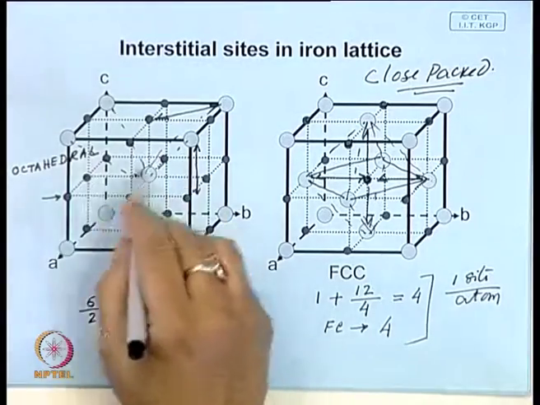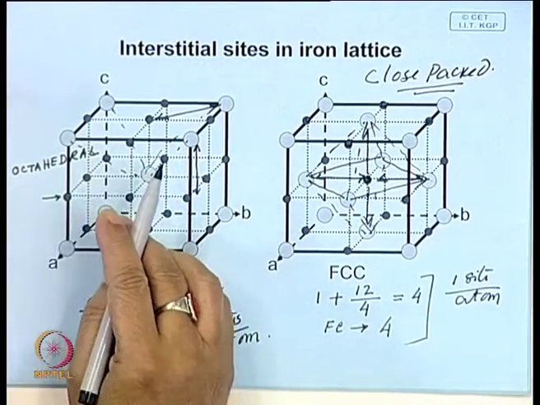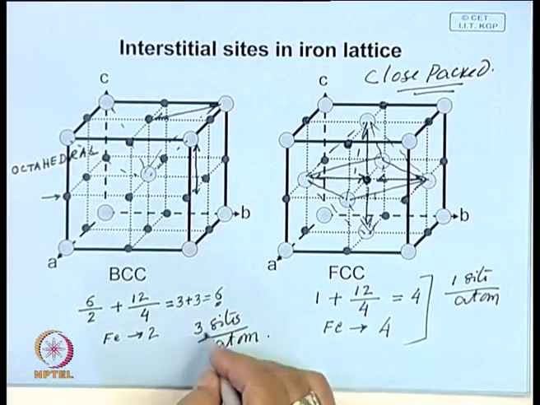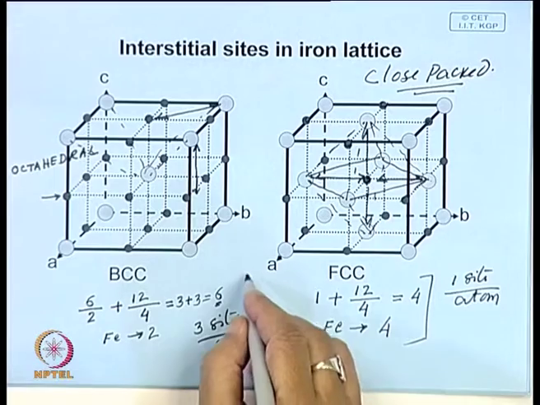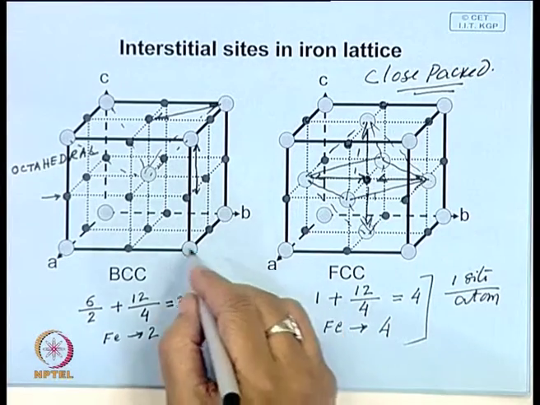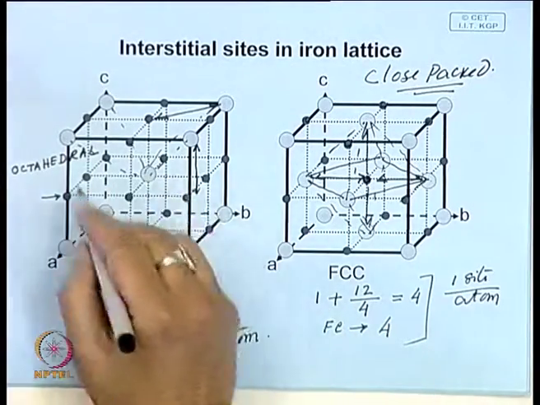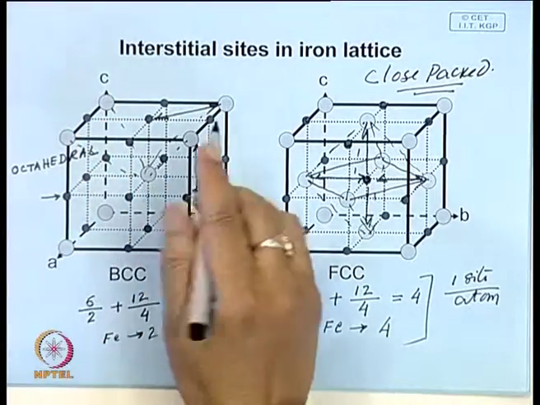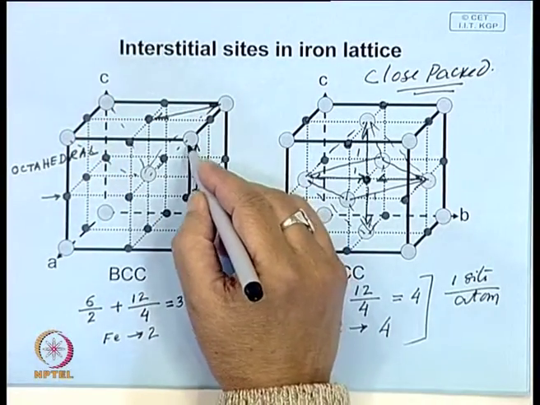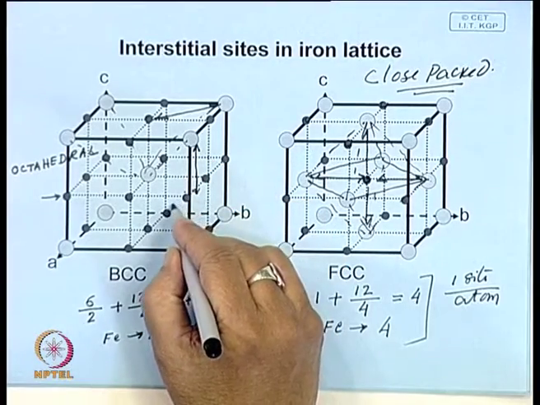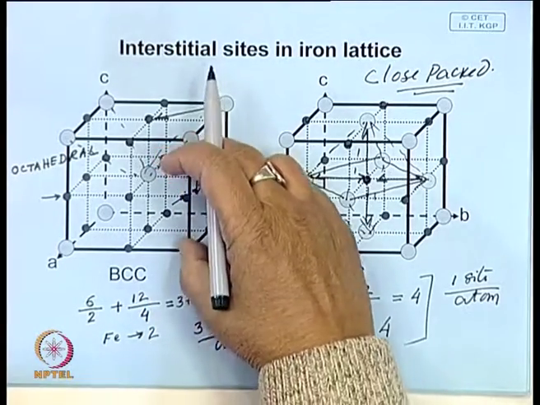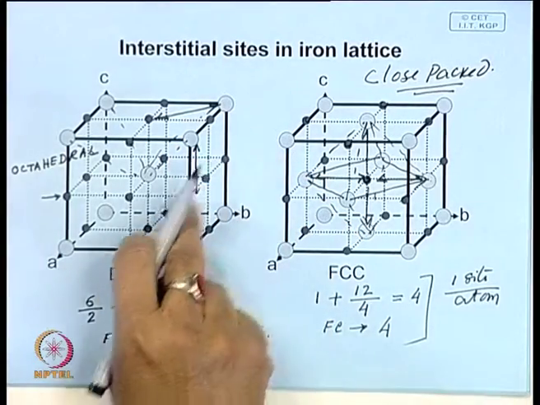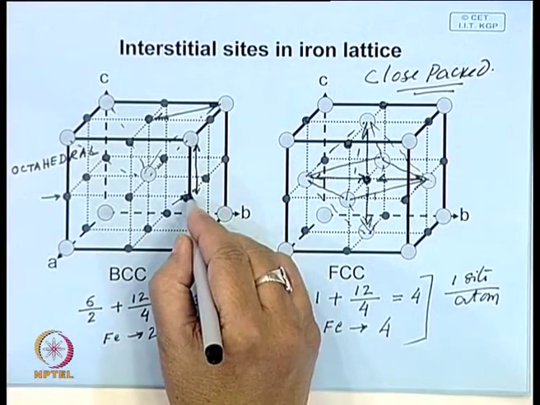So, even though the total void space is more in BCC, that gets distributed amongst more number of sites. So, it is true that you have more open space, but the shortest dimension of the space matters, if a carbon atom goes here, it will push up, unless these atoms are pushed apart, it may not be able to move into the site.